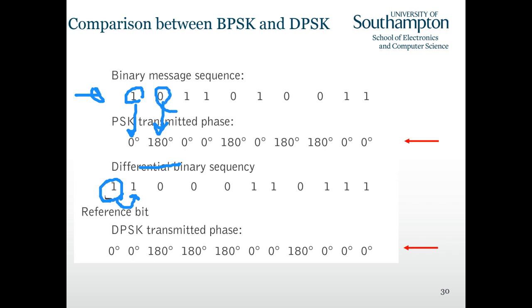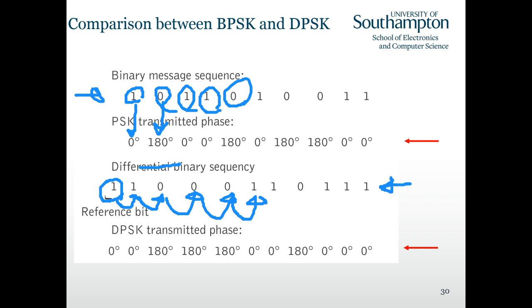And then incoming is 1, 0 is still 0. And then if the incoming is 1, 0 is still 0. And now incoming is 0, we change this transmission 0 to 1. And this differentially encoded sequence will be mapped to transmitted phases. So 1 will be mapped to 0 degrees, and logical 0 will be mapped to pi.